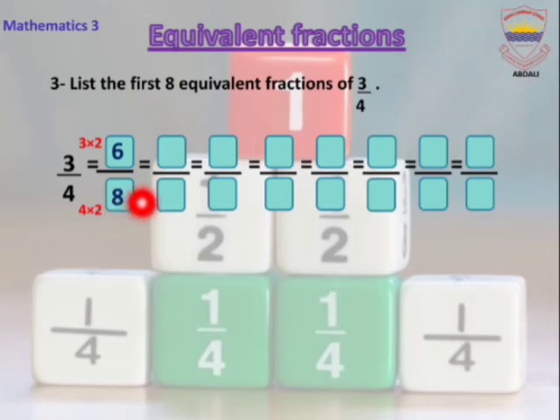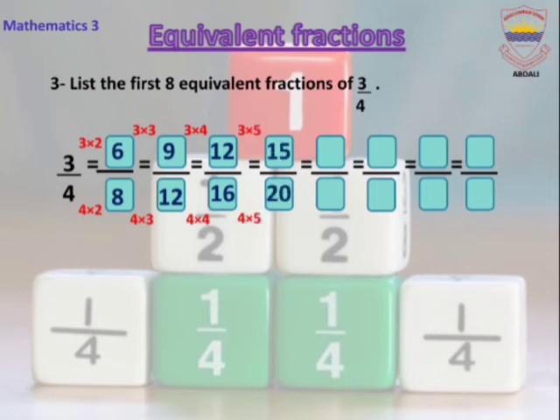3 2 is 6, 4 2 is 8. Now 3 3 is 9 and 4 3 is 12. Now we recall the tables of 3 and 4 up to 4: 3 4 is 12, 4 4 is 16. Up to 5, 3 5 is 15, 4 5 is 20.